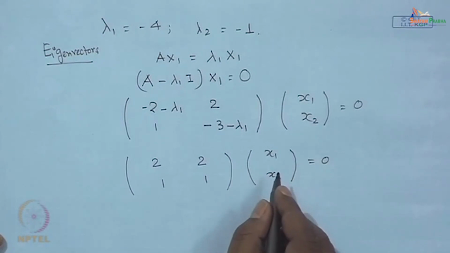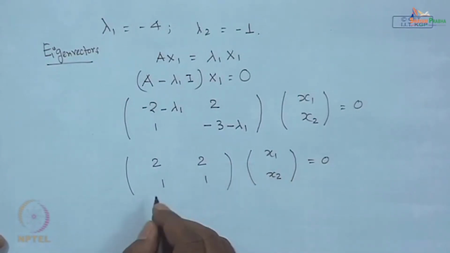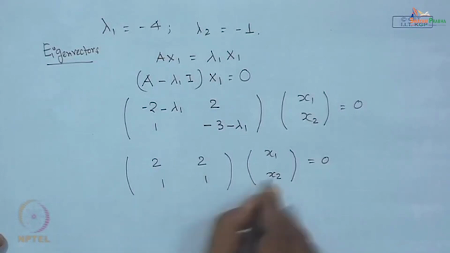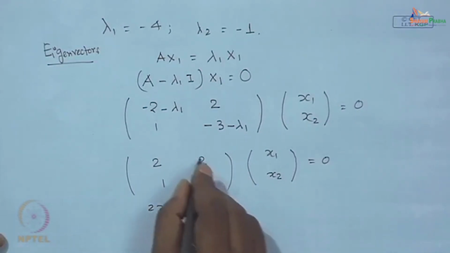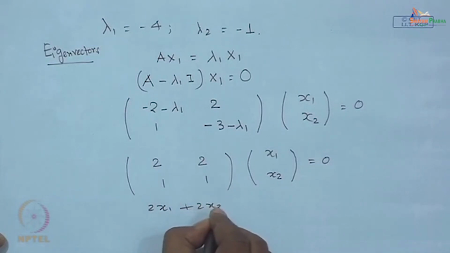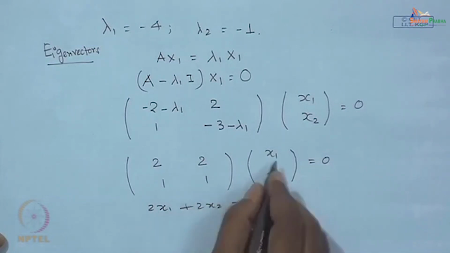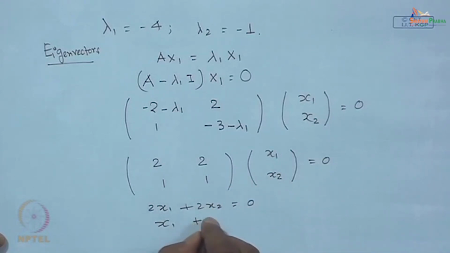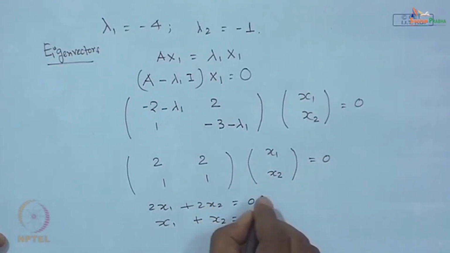Therefore, we constitute the corresponding two equations: 2 x 1 plus 2 x 2 is equal to 0, x 1 plus x 2 is equal to 0.